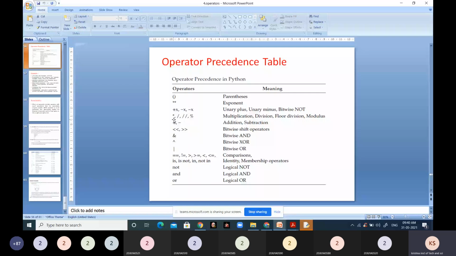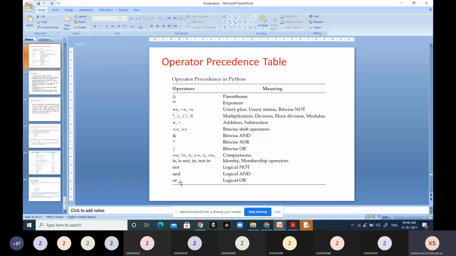Next are the bitwise shift operators, that is left shift and right shift, then bitwise and, bitwise XOR, and bitwise or. Next are comparison operators, then identity and membership operators, logical not, logical and, and finally logical or. These are the operator precedence in Python.